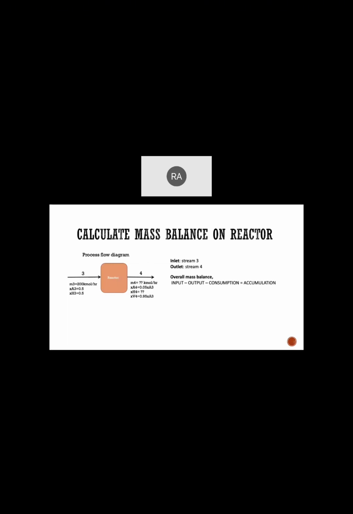The molar fraction for acetylene is 0.5 and for hydrogen chloride is 0.5. For the outlet of the reactor, the molar fraction for acetylene is 0.05, hydrogen chloride is unknown and vinyl chloride is 0.95. Overall mass balance: input minus output plus generation minus consumption equals accumulation.